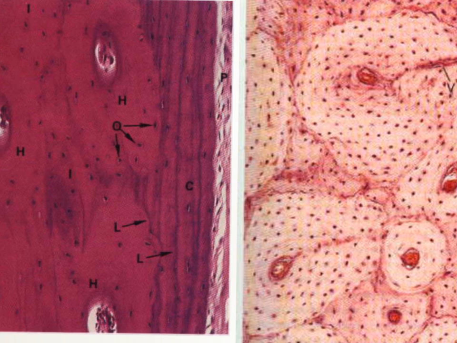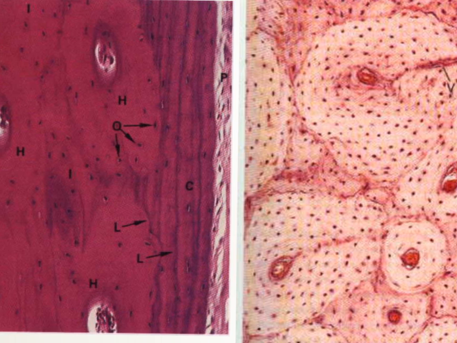If you have a label for these dots, these are osteocytes in lacunae. If you have a label for this area in between the circular Haversian systems or osteons, this area in between is called interstitial lamellae.